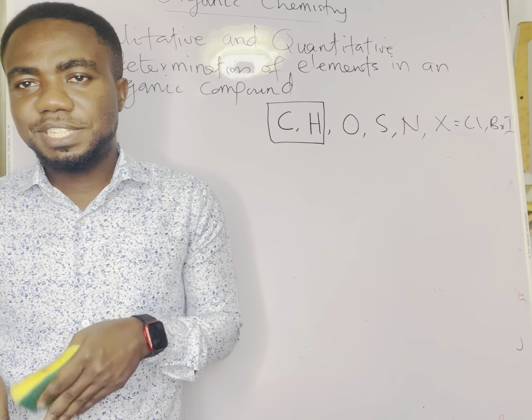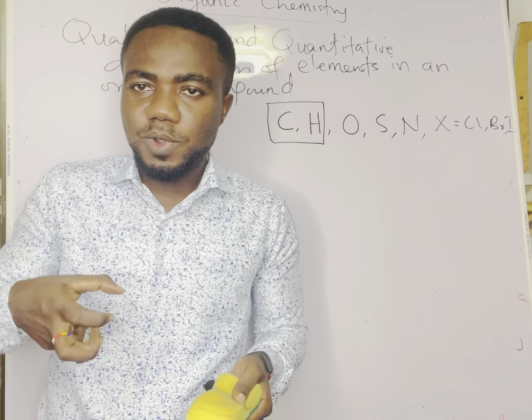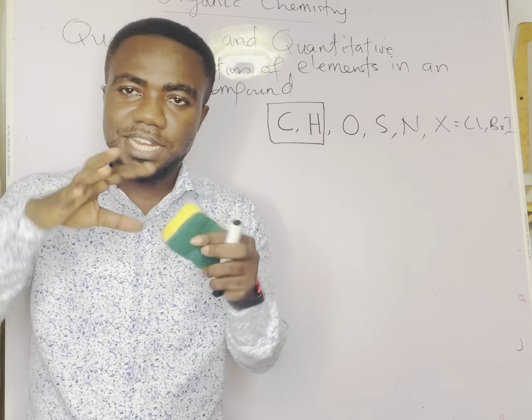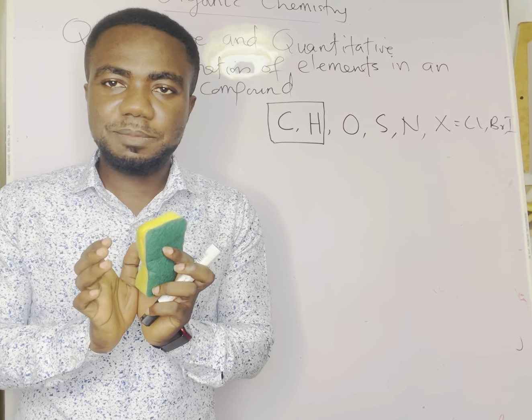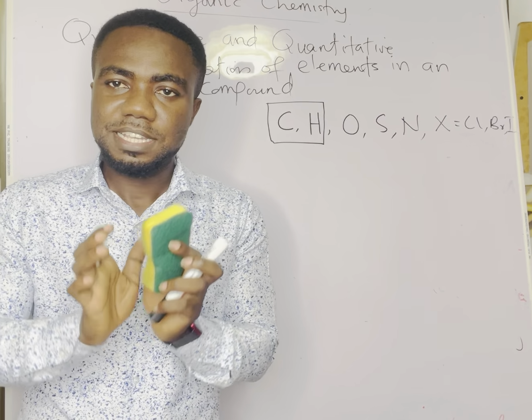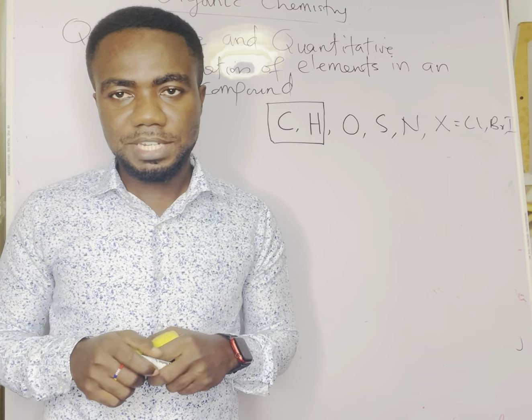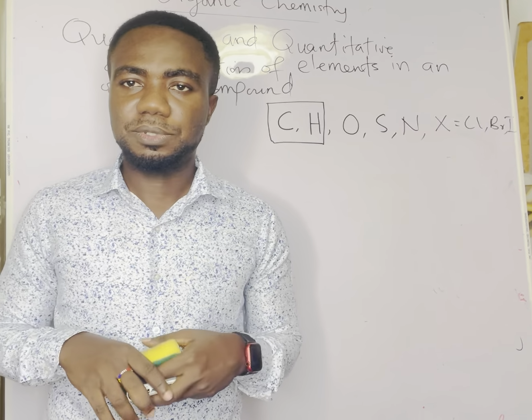But when you are asked to determine the amount or the quantity of those elements present in the organic sample, then we call that quantitative determination of that particular sample.